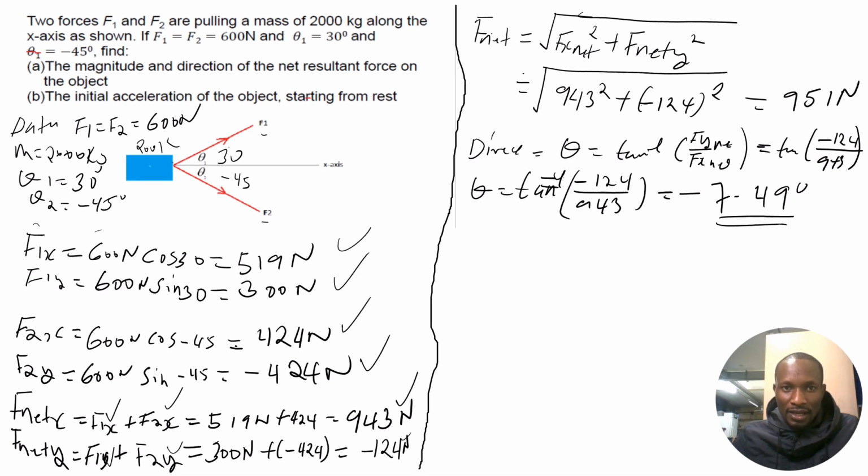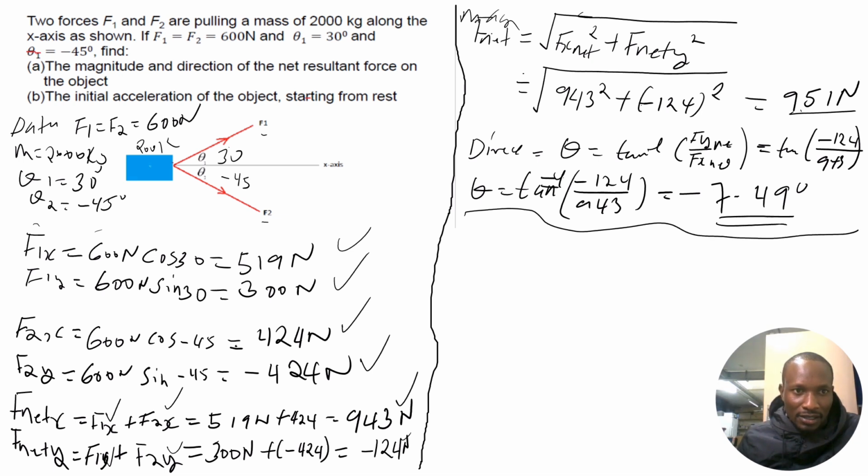And we look at F net, the magnitude. So magnitude will be the square root of F net X squared plus F net Y squared. And if we do that, we get 951. And then we can proceed and find the direction. The direction is the tan inverse of y over x. So that's the first part that we do.